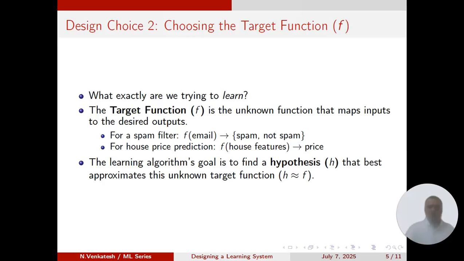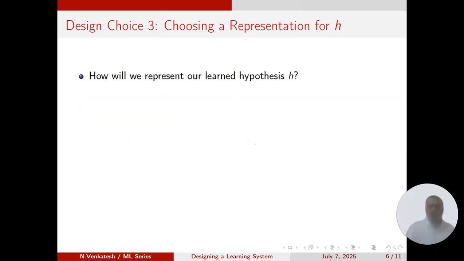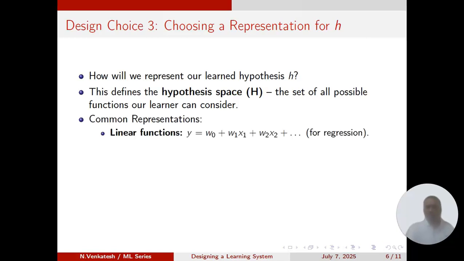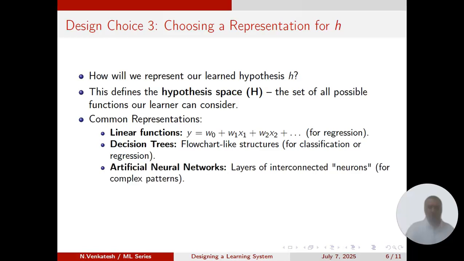So once after choosing a target function, we need to choose a representation of this target function. There are some common representations like a linear function or set of if-then rules. In case of if-then rules, if some condition on input, then take this decision or predict something.